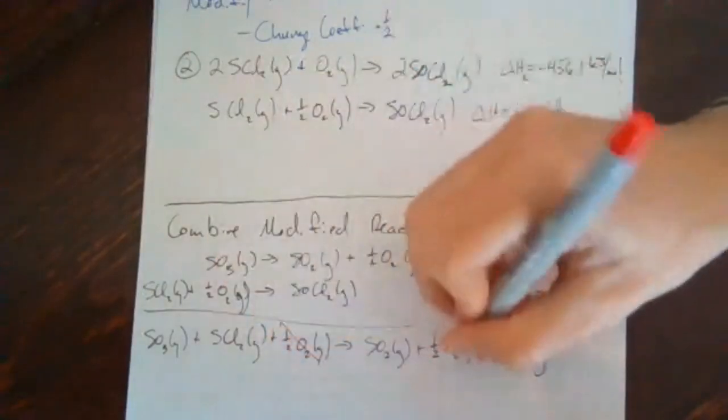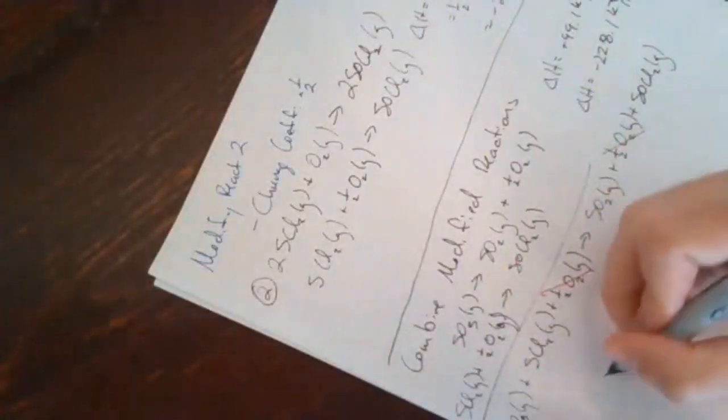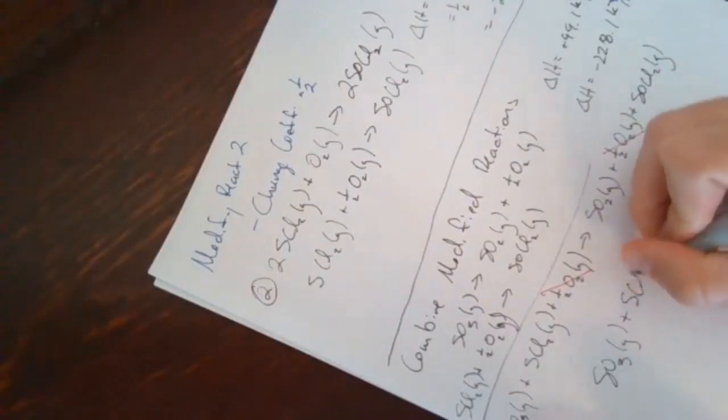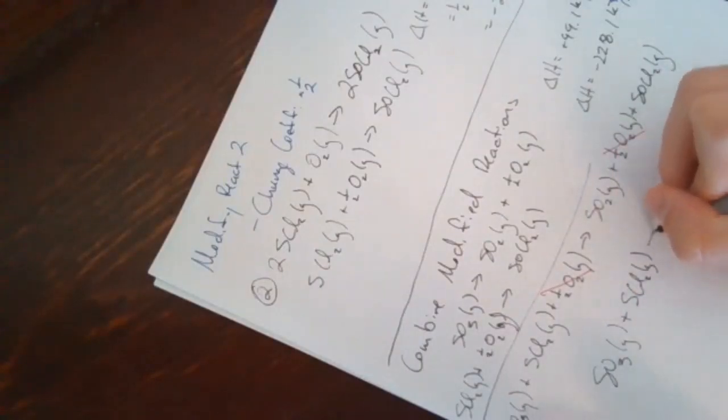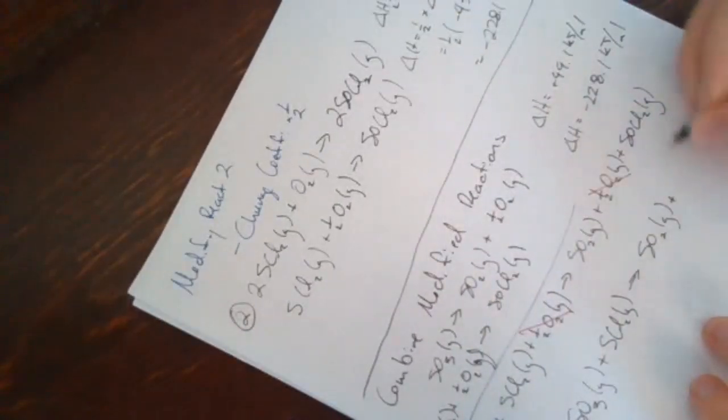I have O2, O2. Those need to be canceled because they're not changing. All I'm left with is SO3 gas plus SCl2 gas becomes SO2 gas plus SOCl2 gas.